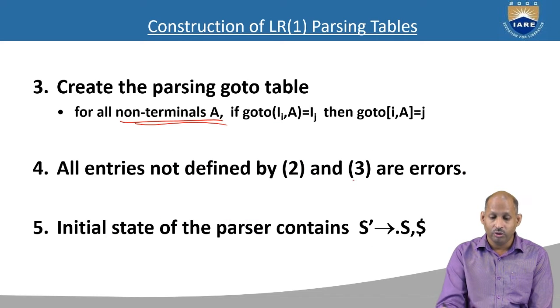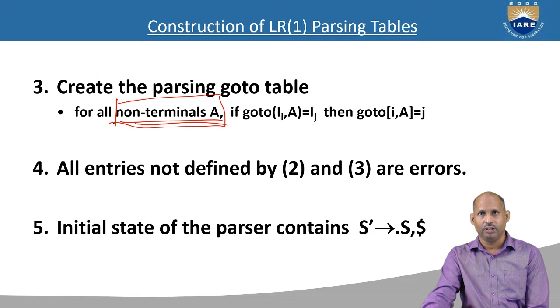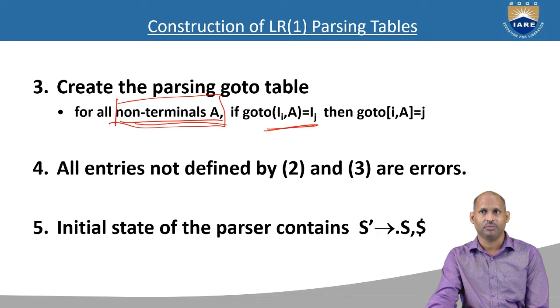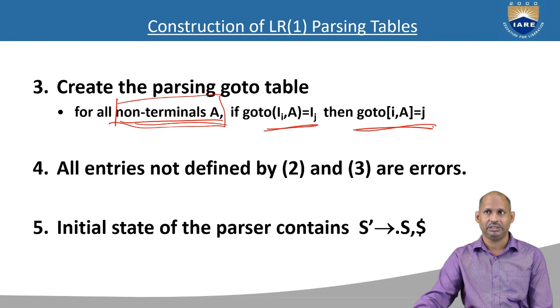Now, when a non-terminal A is in the goto operation, and goto(I, A) equals Ij, then goto[I, A] equals j.